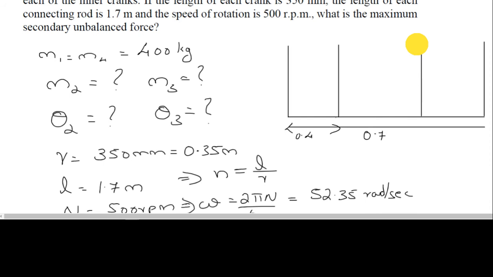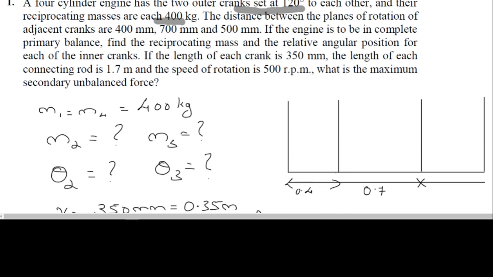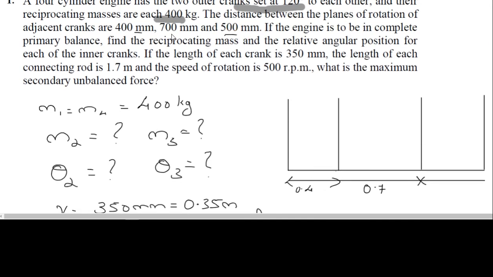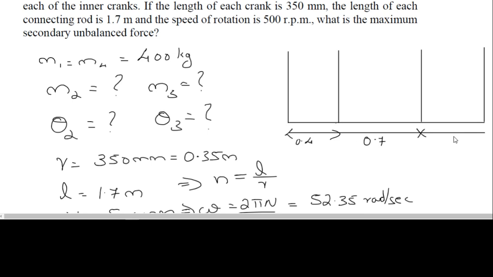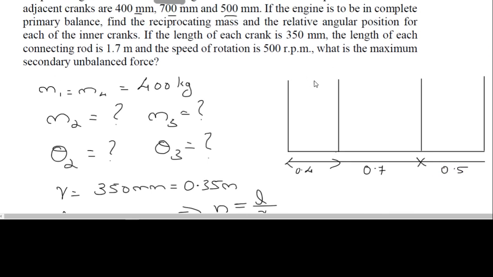Let's draw it here. You should not go for scaling. This is just a rough drawing to show the diagram, and the last one is given as 500 mm here: 400, 700 and 500. So 500 means 0.5. Let's name them 1, 2, 3 and 4.